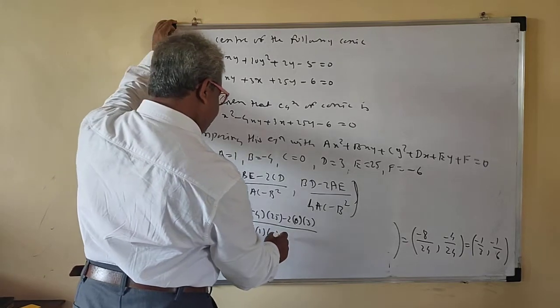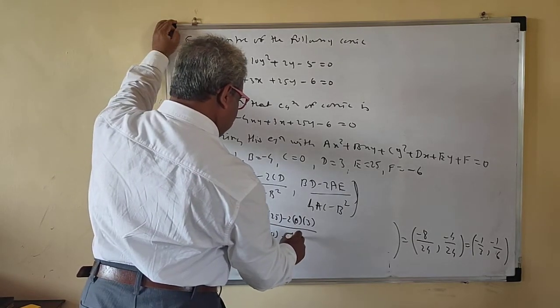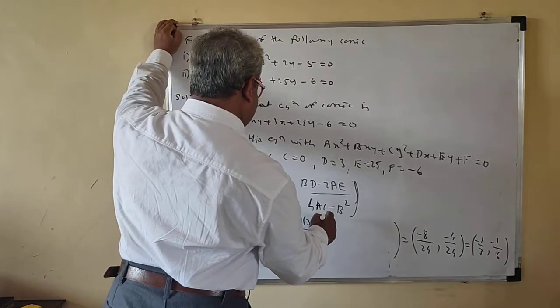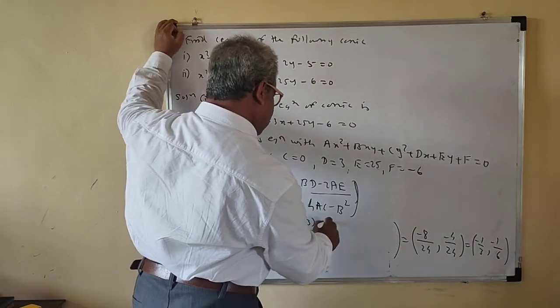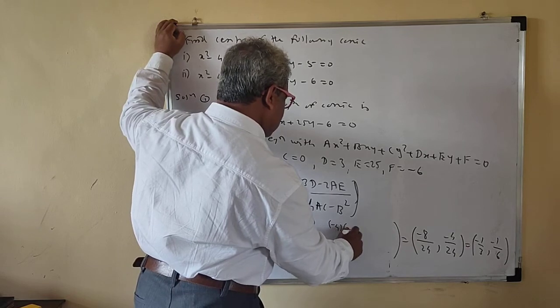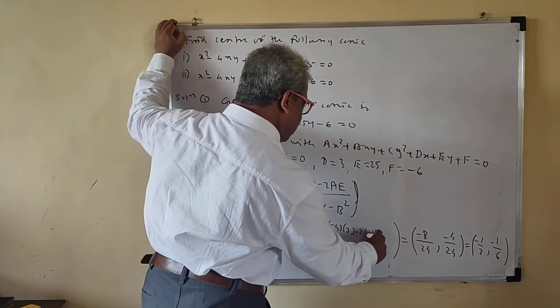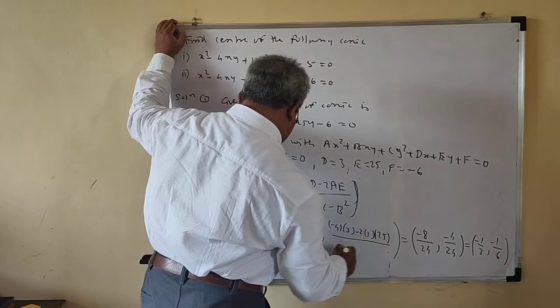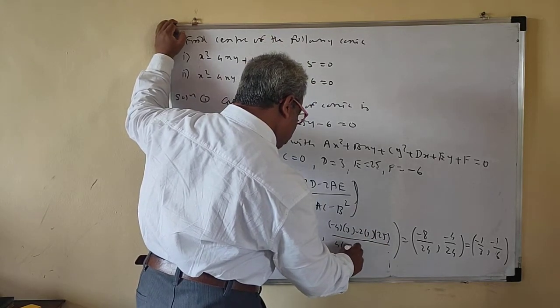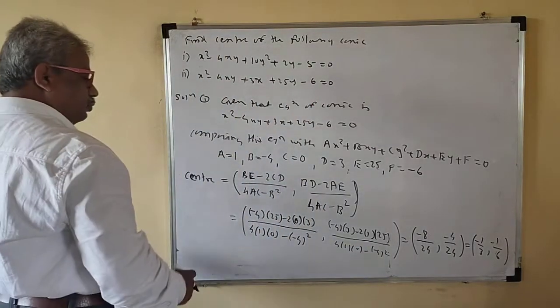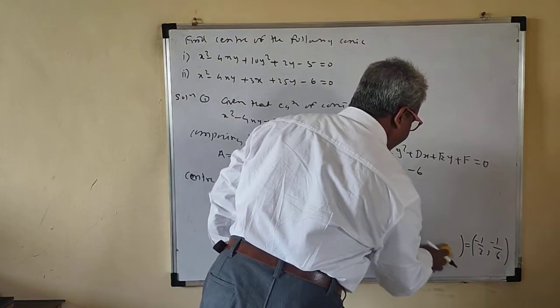Minus B square. Your B is minus 4, square. Your D is 3, minus twice your A is 1, and your E is 25, upon 4 into 1 into 0 minus 4 square.